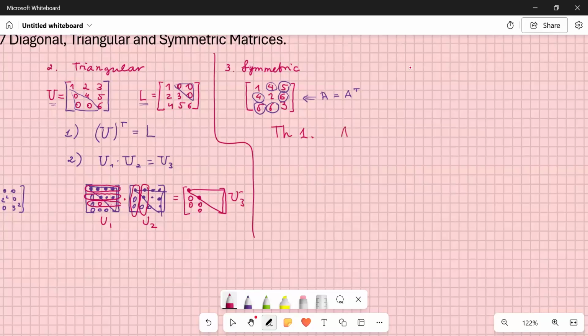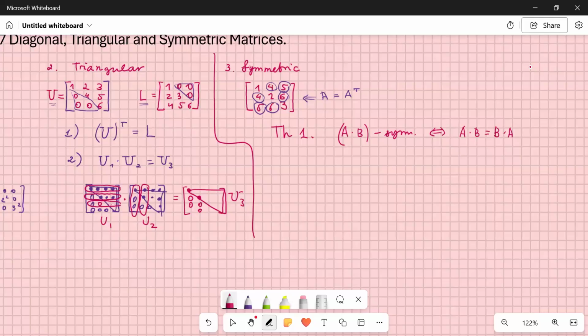If the product of two matrices is symmetric, it's going to mean that AB equals BA. So what is the meaning of this theorem?